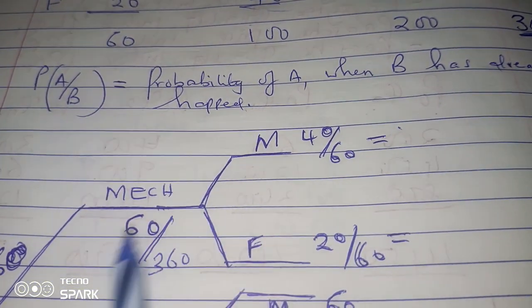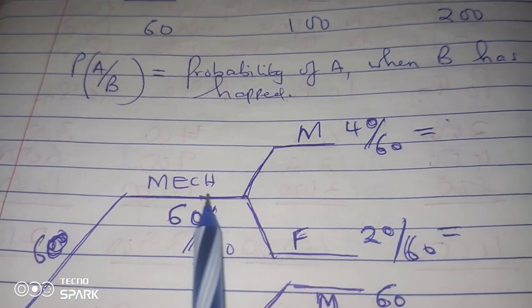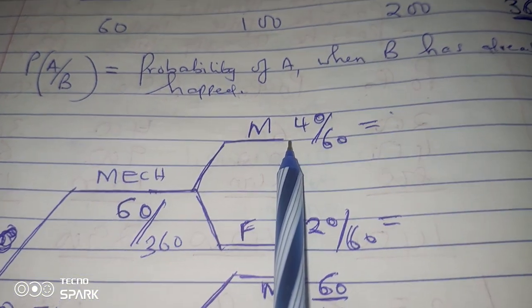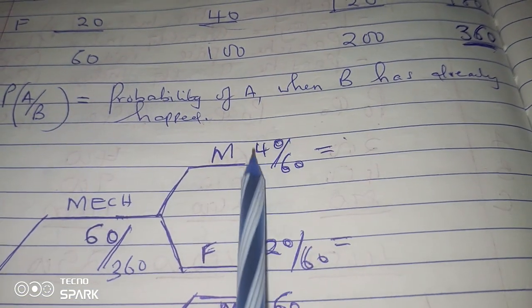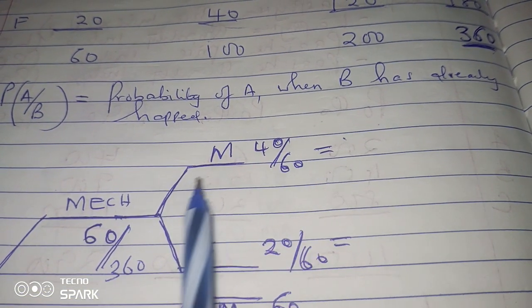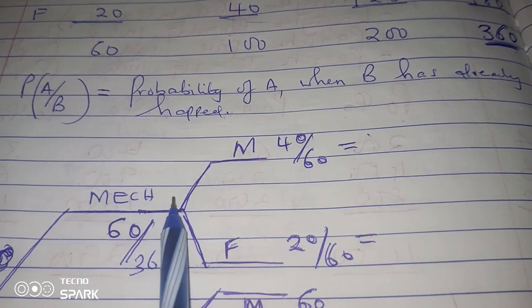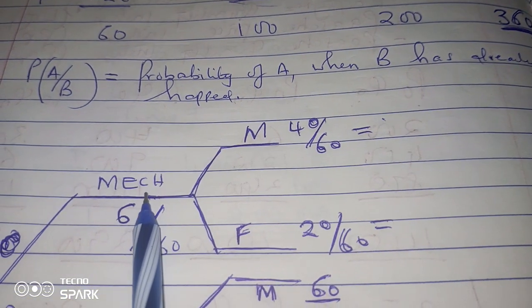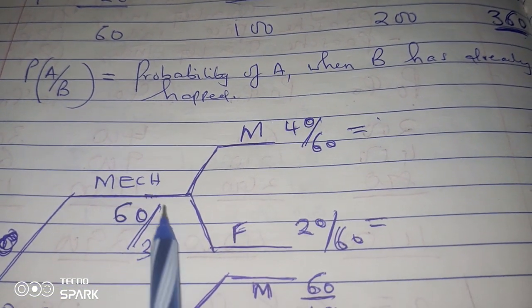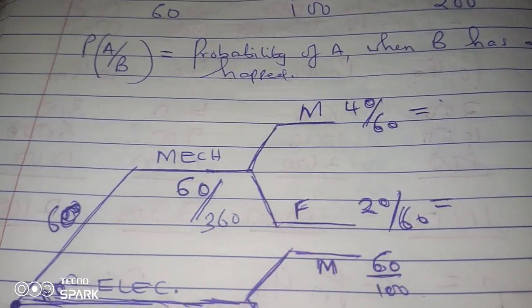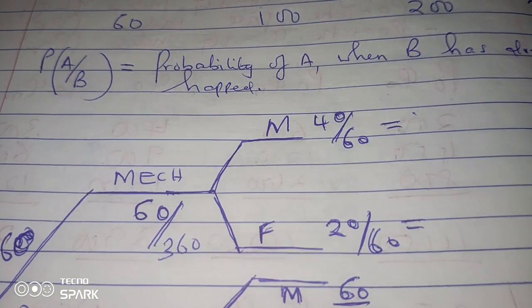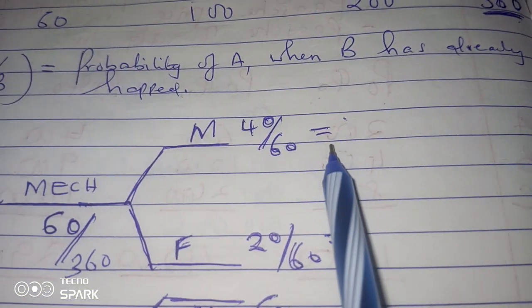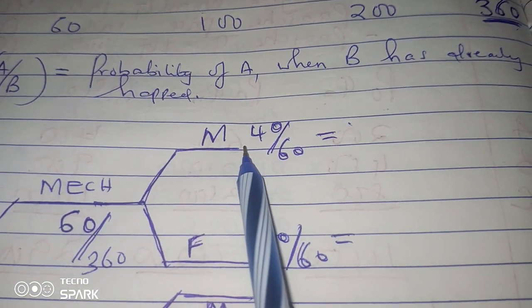So the probability of picking a mechanical student that is a male would be the probability of picking a male in the mechanical department multiplied by the probability of picking a mechanical student in the whole school, in the whole college.